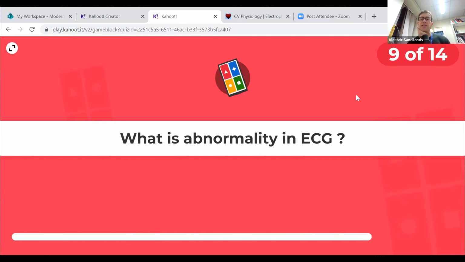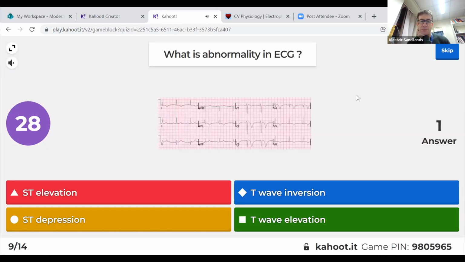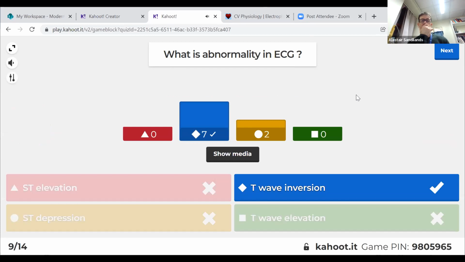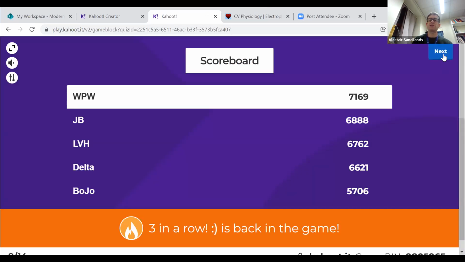What is the abnormality in that ECG? Yeah, T-wave inversion, well done. T-wave inversion is the main abnormality.